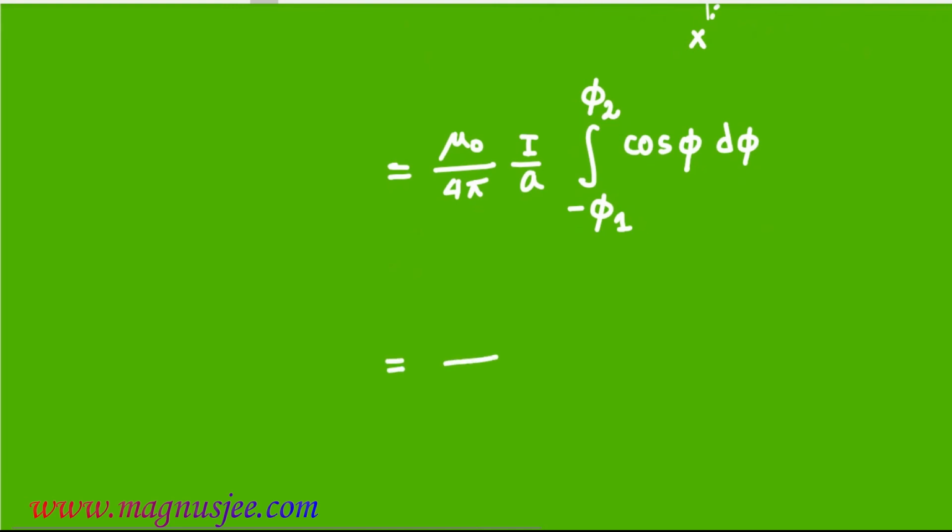Equal to mu 0 by 4 pi I by A. If we integrate cos phi d phi, the integration of cos phi d phi is sin phi only. Square bracket closed, from minus phi 1 to plus phi 2.